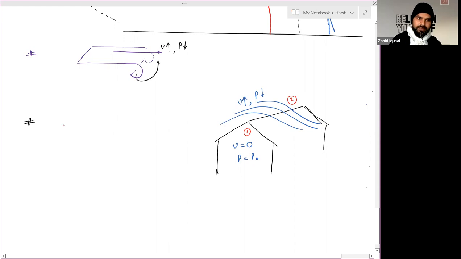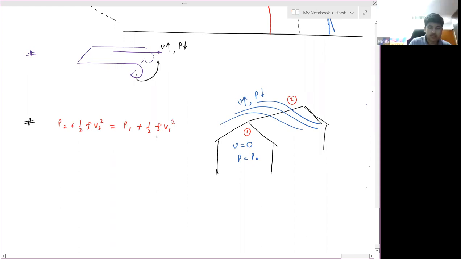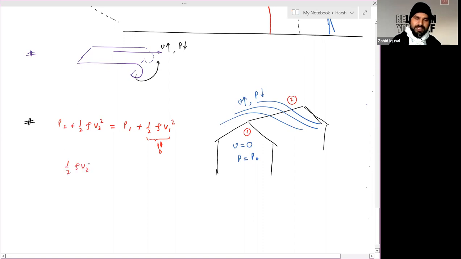So we may write P2 plus half rho V2 squared equals P1 plus half rho V1 squared. Is it clear? V1 is 0, so that term becomes 0. So half rho V squared, that is the pressure outside, equals P1 minus P2.